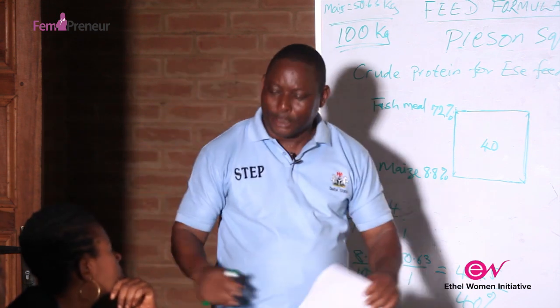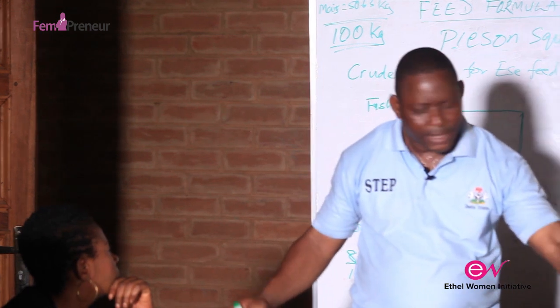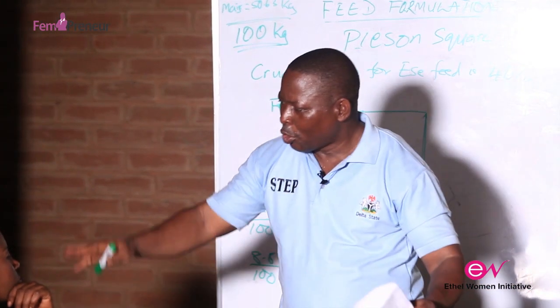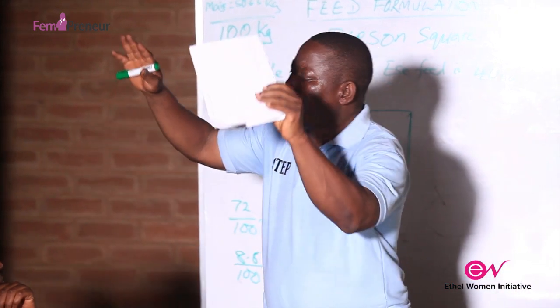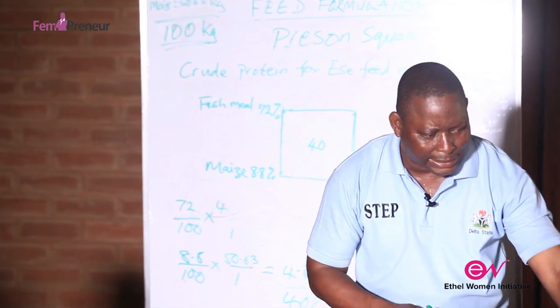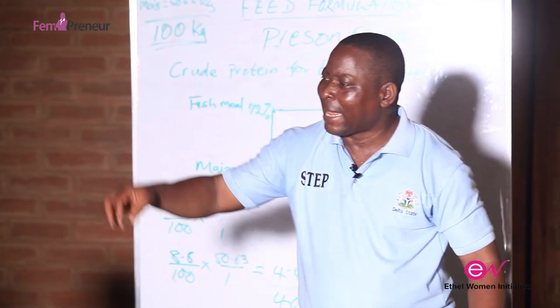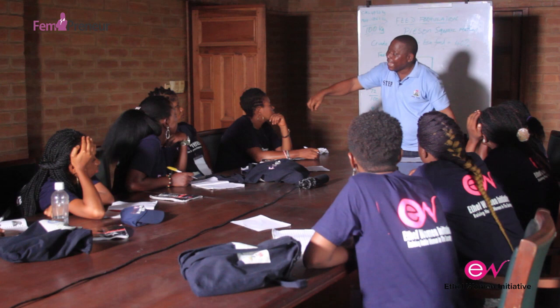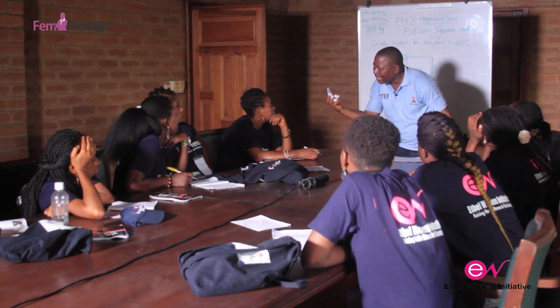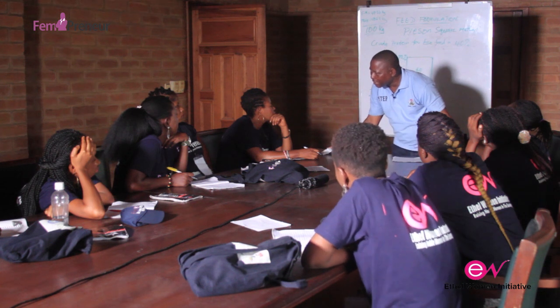Now, ordinarily, I use 2 of you. Fish meal, in you are made up of 50 bags. Maize, in you are made up of 60 bags. But the analysis of the crude protein, if you pack a small one, the crude protein of fish meal is 72%.